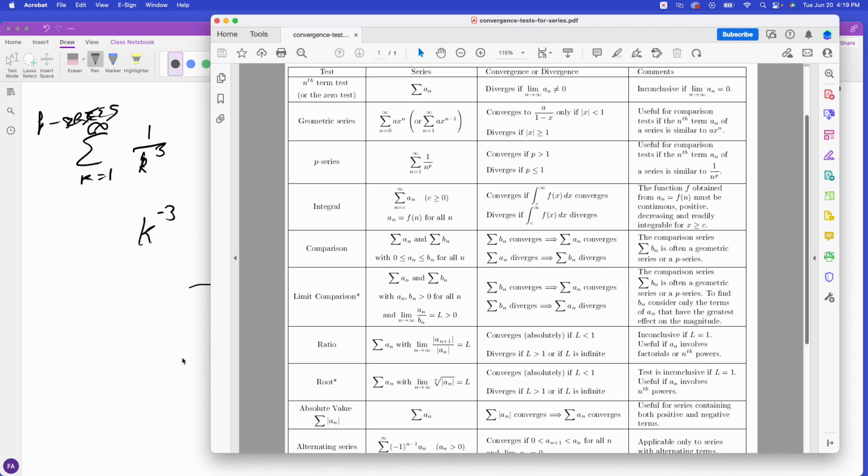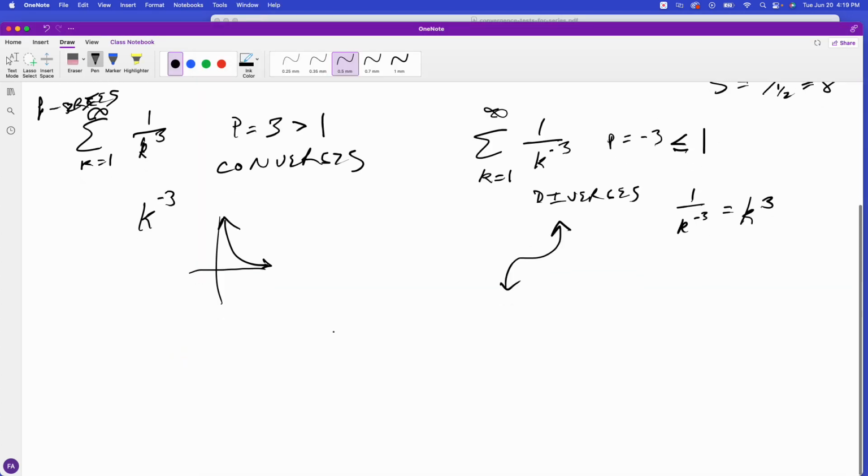And now keep in mind that what this tells you is that this is converging. I wrote this as a function, but this isn't really a function. Remember, it's a series, so it's a series of dots.